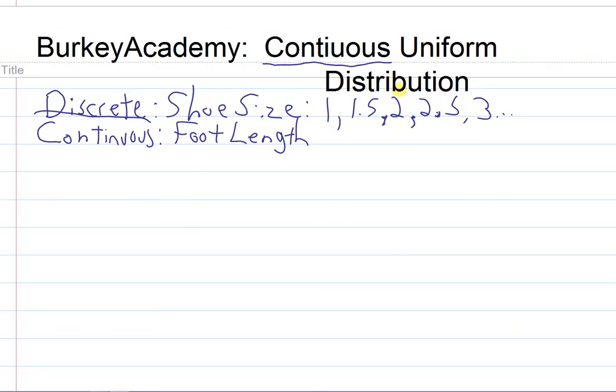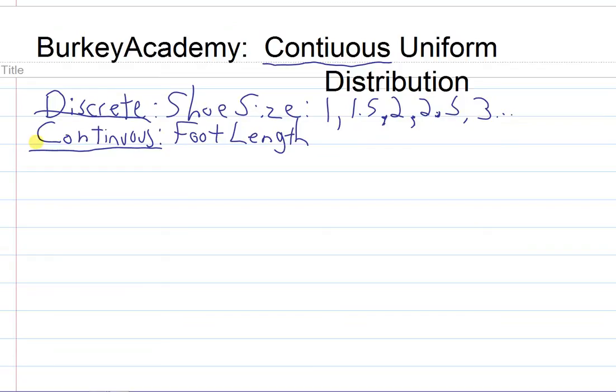There's no such thing as having a shoe size of 2.1 or 2.33333333. Only probabilities make sense accumulating on these little fixed points here with big gaps in between that are not possible. However, let's try to list the possibilities for foot length.